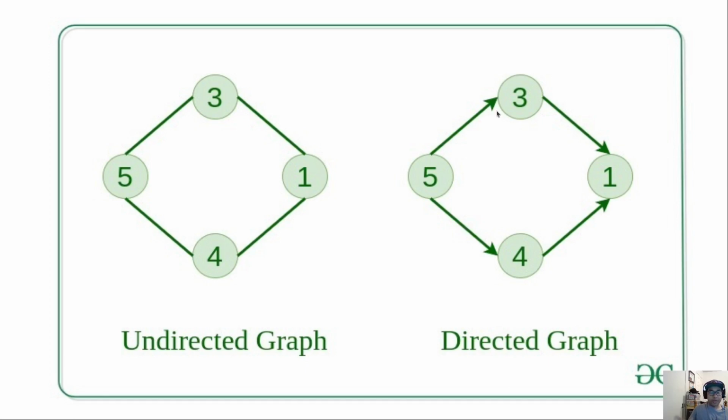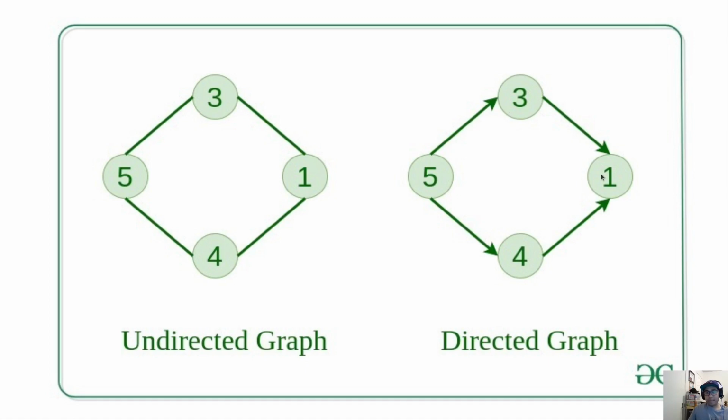So undirected graph, there is no direction. In directed graph, there is direction. You have to follow the directions. So, for example, in the directed graph, I can go 3, 1, but from 1, I can't go to 4 or back to 3. But if I start from 5 in a directed graph, I go 3, 5, 1.